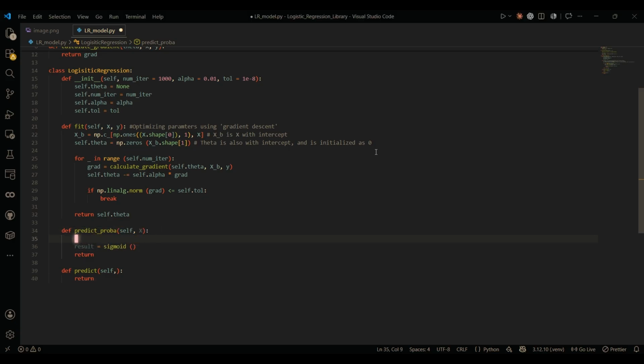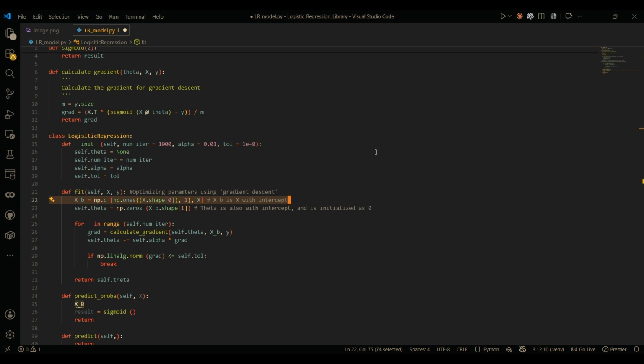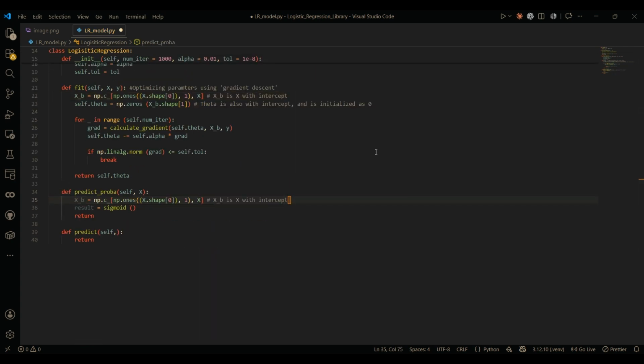Oh, and by the way, we'll have to implement x with intercept. So let's take this line right here and put it right here, and then we have xb multiplied by theta. Again, this is matrix multiplication. So I don't think that we need the rest, right? Okay, I think that's it.